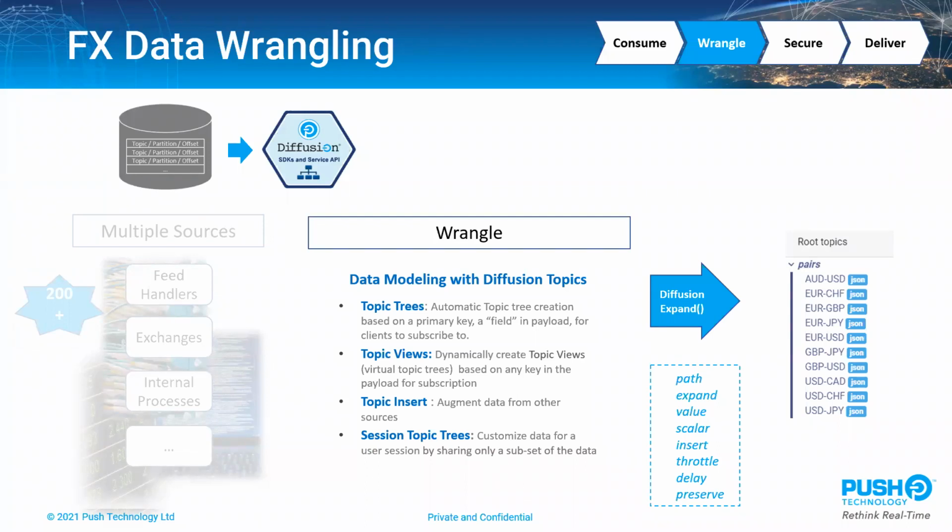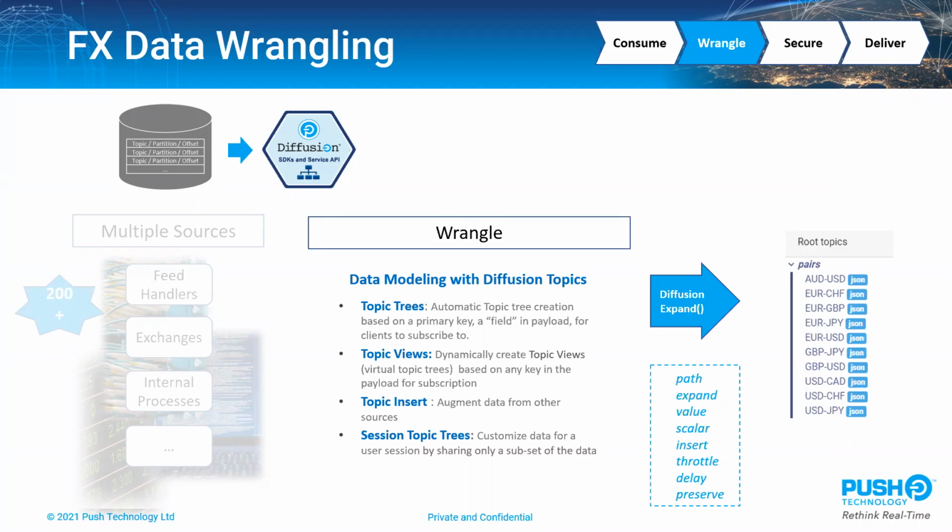I seamlessly did this with Diffusion's topic view capabilities by providing rules that dynamically create these topics. Now, inside of these topic views, we create a specification. It's one line of configuration, and it's using a rich set of features from Diffusion, such as the Diffusion expand, which is what was used, as you will see a little bit later, to create this pairs root topic with all of the different currency subtopics.